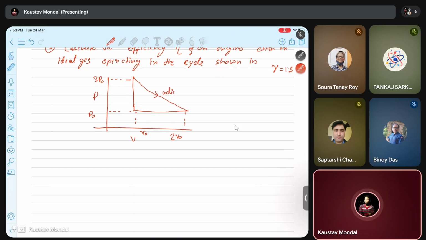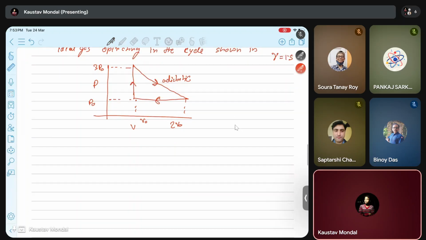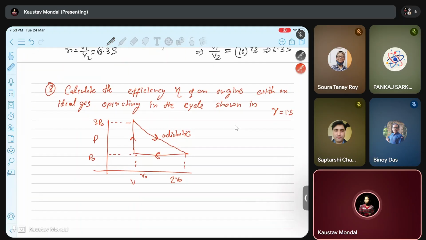This is an adiabatic process. This whole process looks like this. Okay. Now from here you have to calculate the efficiency eta.